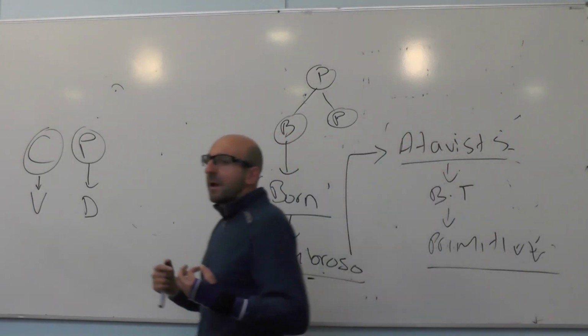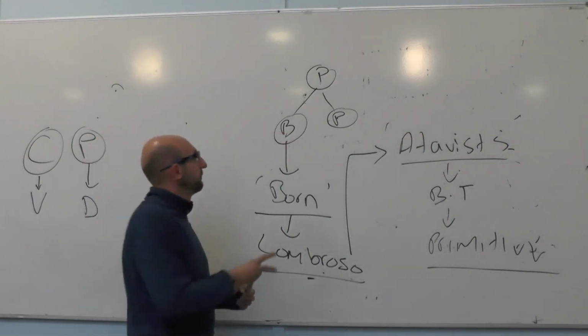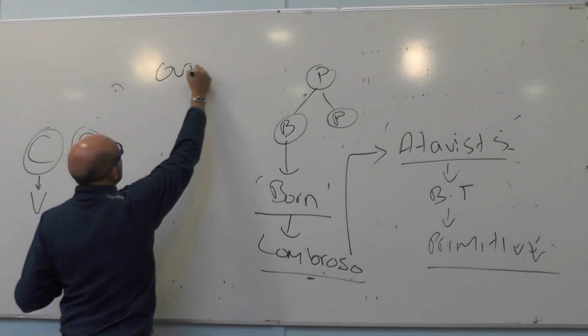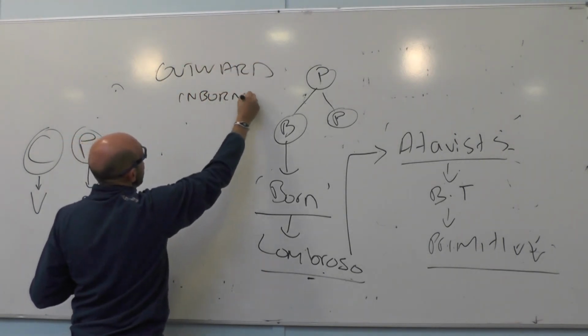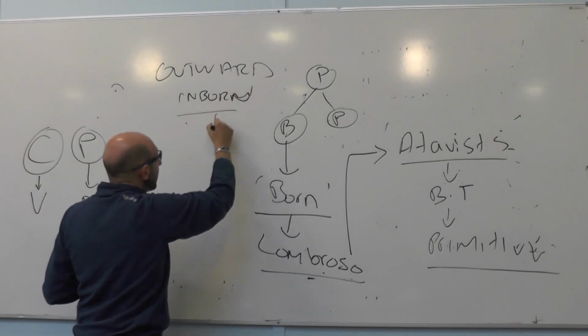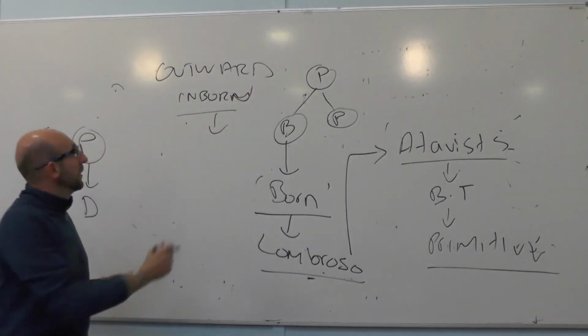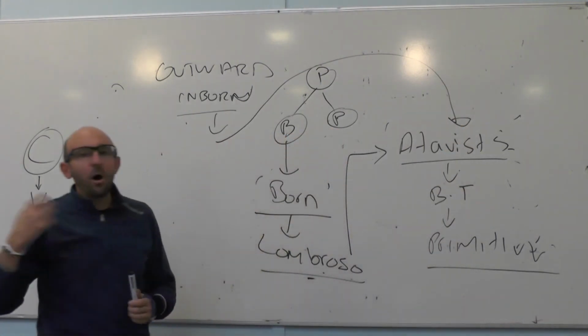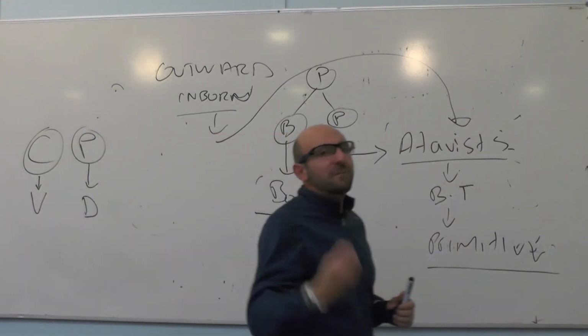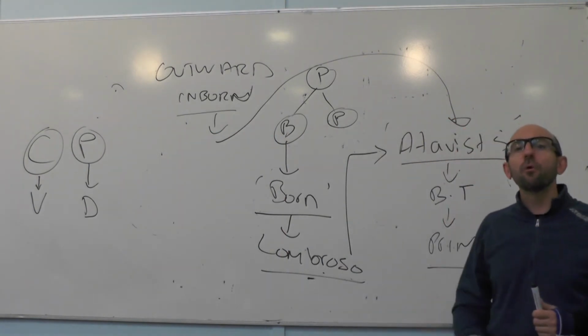He said that there was an outward sign of an inborn criminal nature. And he said that this scientific approach could reveal that criminals were somehow atavists. They were biological throwbacks, a more primitive, less evolved form of human.